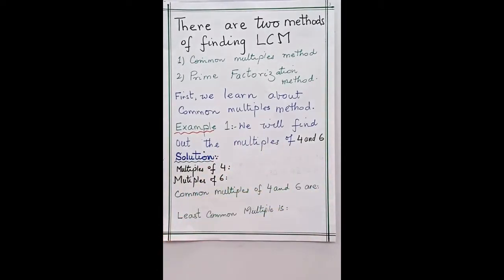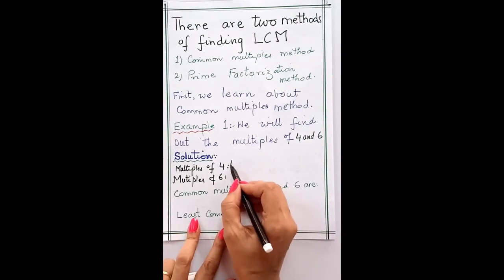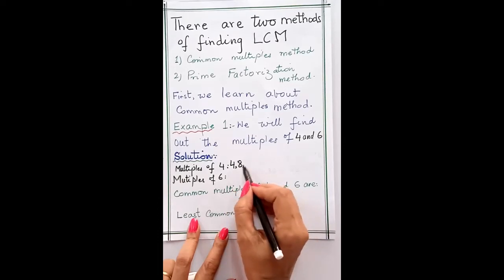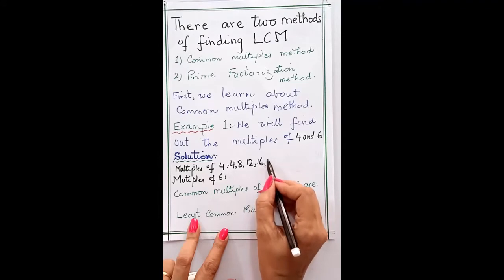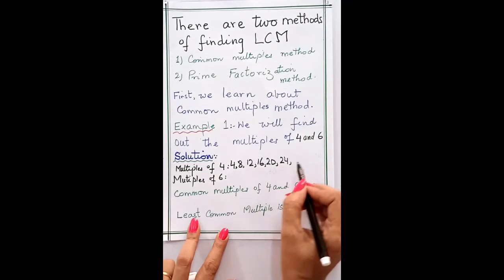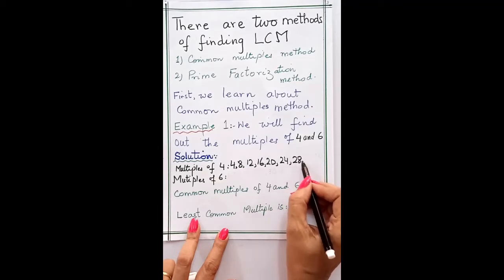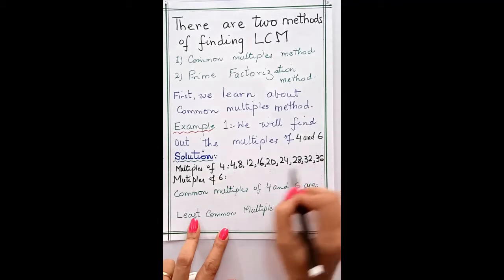Solution: multiples of 4 are 4 ones are 4, 4 twos are 8, 4 threes are 12, 4 fours are 16, 4 fives are 20, 4 sixes are 24, 4 sevens are 28, 4 eights are 32, 4 nines are 36.